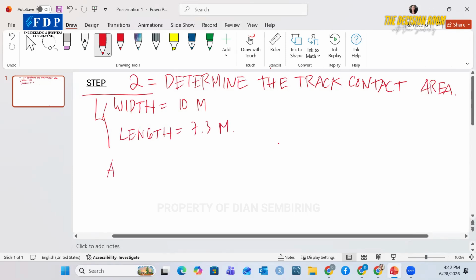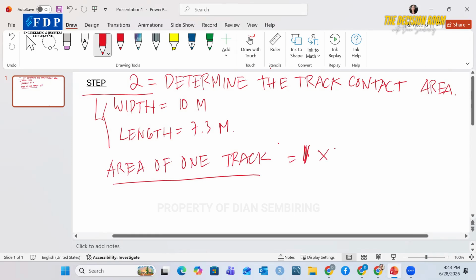And then area of one track, 1 multiply 7.3, so this becomes 7.3 square meters. Since the crane has 2 tracks, the total contact area becomes 2 multiply 7.3, so that means 14.6 square meters. Okay, so this is step number 2.